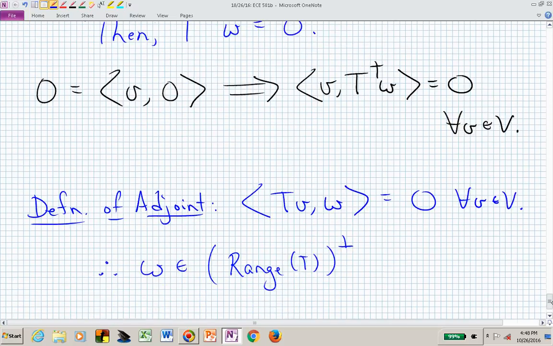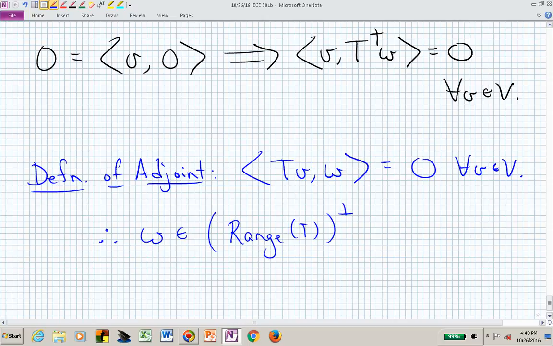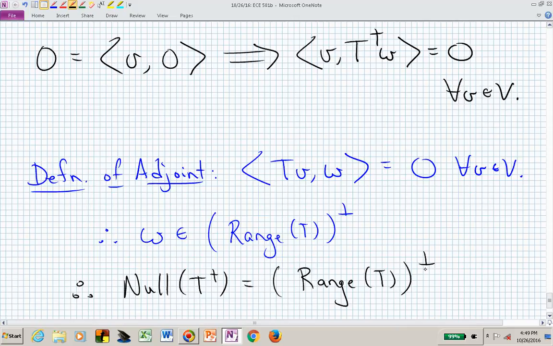But now we've just concluded that W is in the orthogonal complement of the range of T. Those have to be the same spaces. Therefore, the null space of T dagger, which was the first way that we picked W, is equal to the orthogonal complement to the range of T. And that's what we were trying to show.